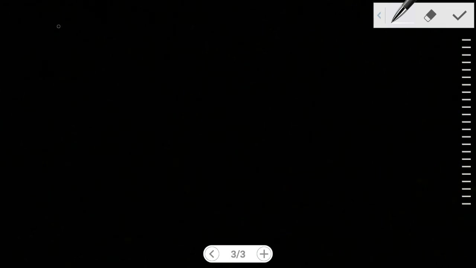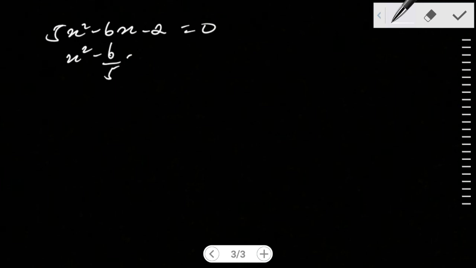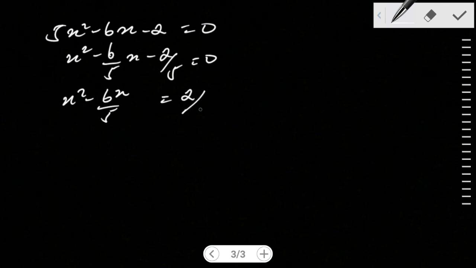If I have 5x squared minus 6x minus 2, and this is equals to 0. So we have to ensure that the coefficient of x squared is 1. So all over 5, x squared minus 6 divided by 5 x minus 2 divided by 5 is equals to 0. And so x squared minus 6x divided by 5 would be equals to 2 divided by 5.